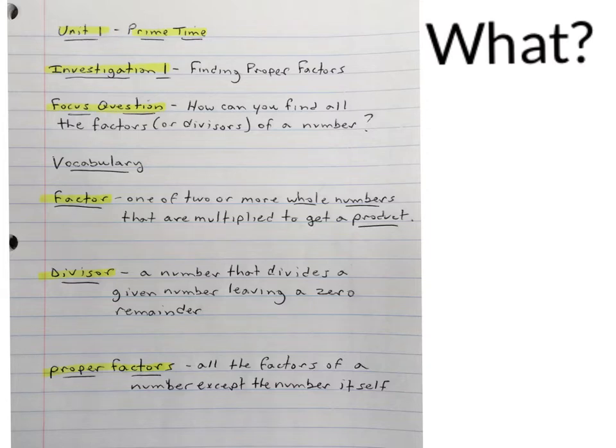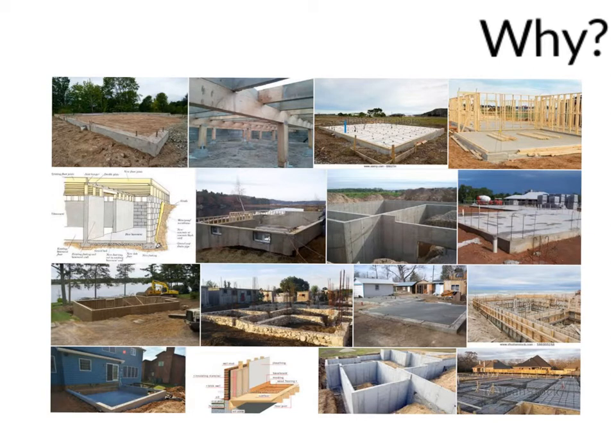Okay, so we're going to move on here. Why do we need to learn these math vocabulary, factor, divisor, and proper factors? Well, I like to think of math as, especially at 6th grade, you're still building the foundation. So these are all pictures of foundations that buildings or homes will be built upon.